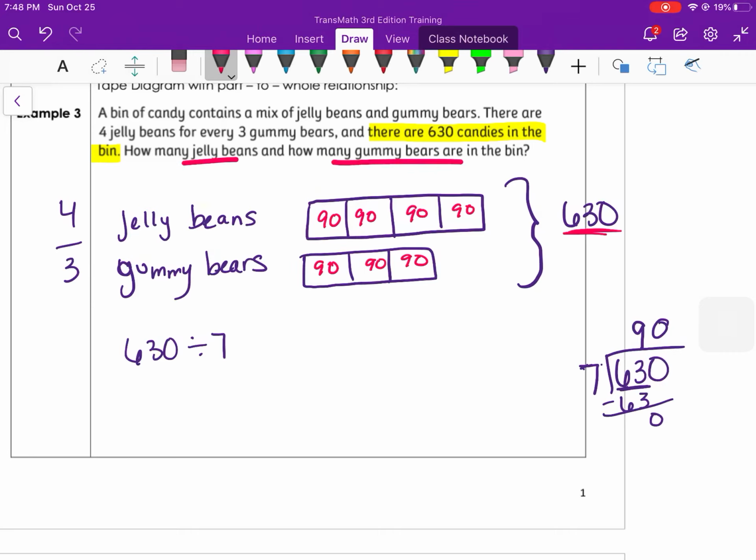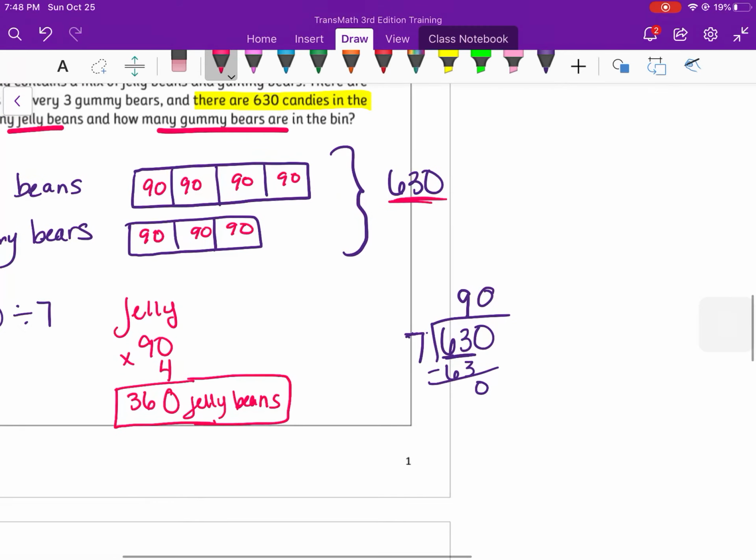So how many jelly beans and how many gummy bears? Well, for jelly beans, take 90 plus 90 plus 90 plus 90, or take 90 and there's 4 90s. So 90 times 4. So 4 times 0 is 0. 9 times 4 is 36. So 360 jelly beans.